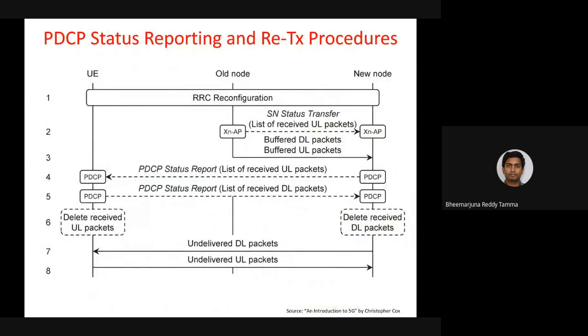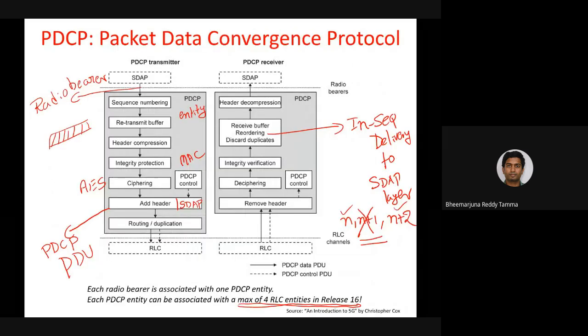I was mentioning having the retransmit buffer at the sender side, and at the receiver side you also have a receive buffer, so that whenever you receive packets out of order, you can handle them.